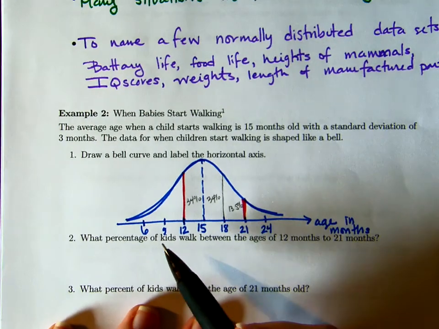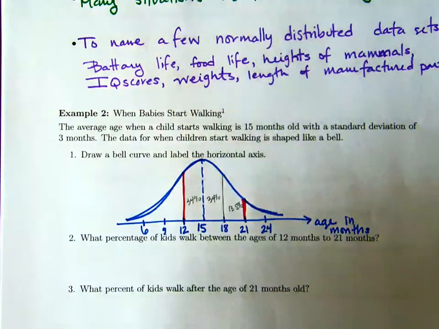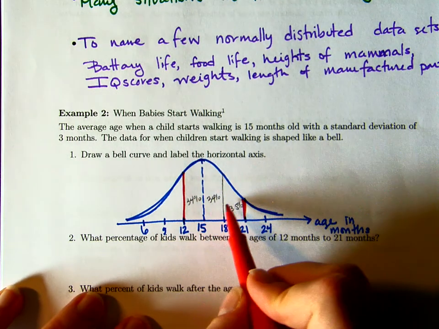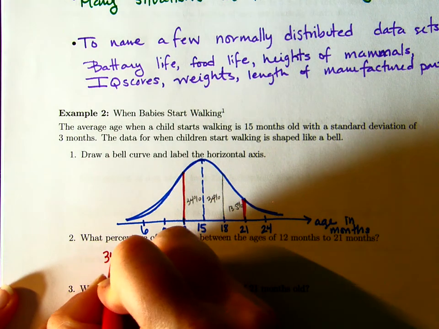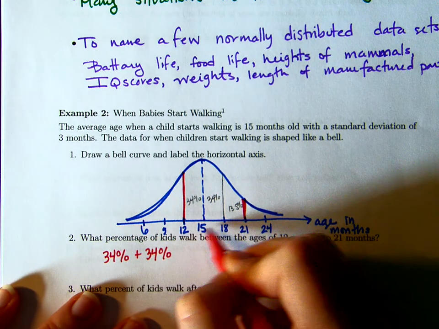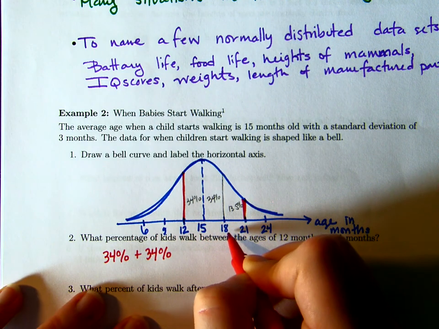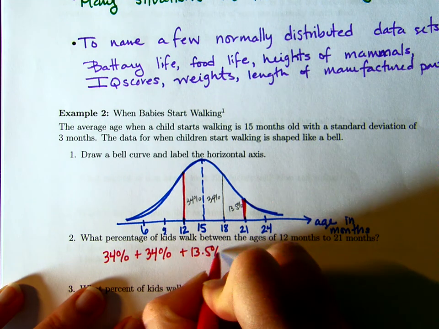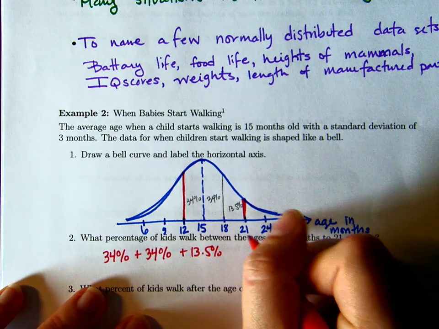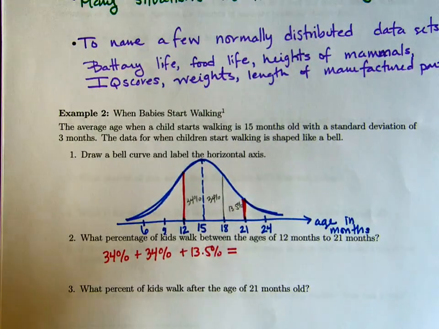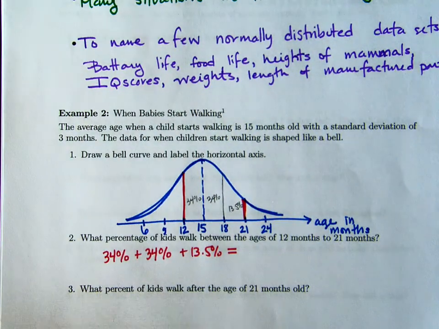Okay, so what percentage of kids walk between the ages of 12 months old to 21 months old? Well, 34% plus an additional 34% walk between the ages of 15 months old and 18 months old, and then an additional 13.5% walk between the ages of 18 months old and 21 months old. 68 plus 13.5.